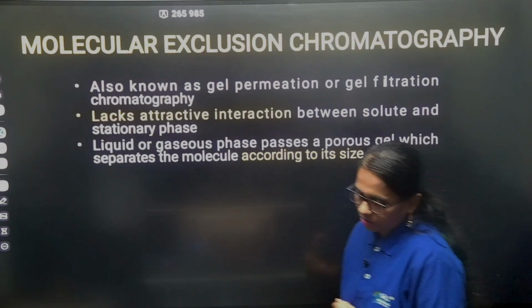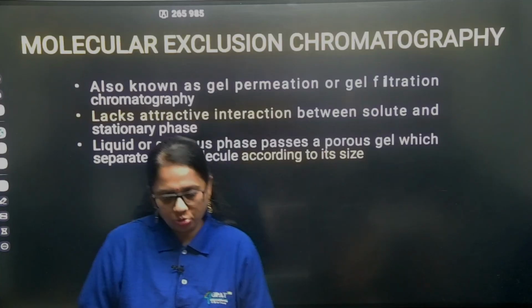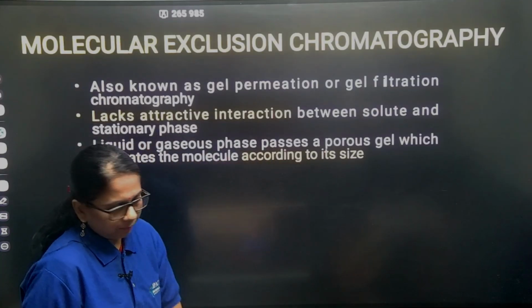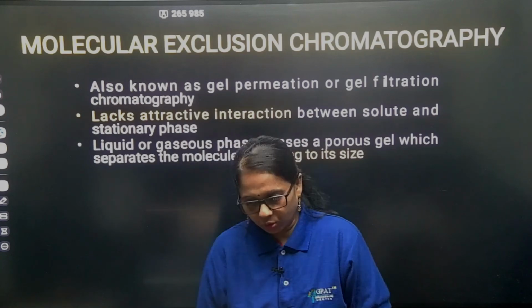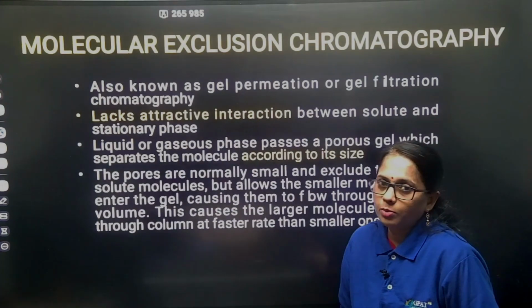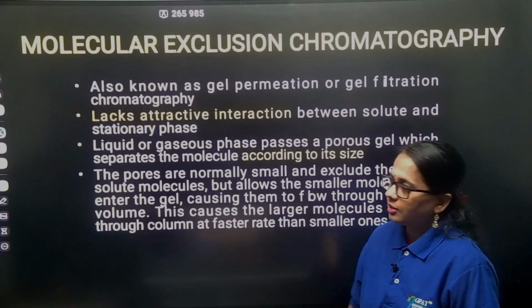Whatever liquid or gaseous phases we use in this case, they pass through a porous gel-like stationary phase, which separates the molecules according to their sizes, more than the pore size or less than the pore size, it depends on that.